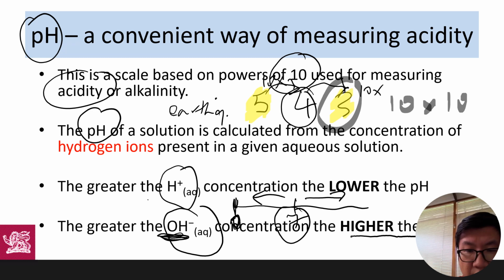In the other direction, towards the number 14, we have substances that are of increasing strength of bases, or we could say that they are weaker in terms of acidity. Okay.